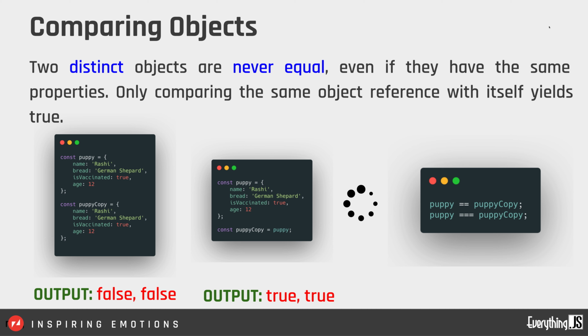But in the second one, when you assign an object to a new variable, puppy copy in this case, and compare the two, both variables point to the same memory reference, which holds the same object. That is the key difference, and you have to keep it in mind because objects are reference types.